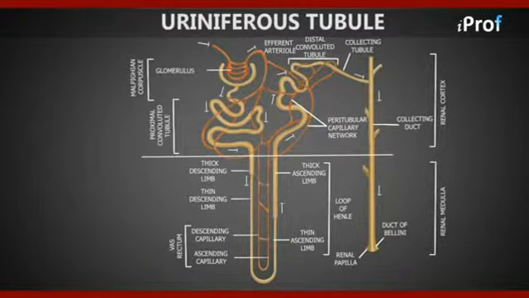Head of the nephron is cup-shaped, is called Bowman's capsule. In the Bowman capsule, afferent arterioles enter and divide into so many blood capillaries.